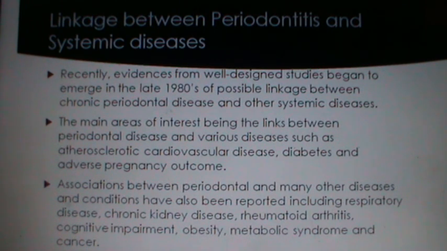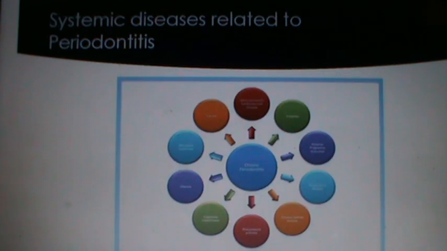So all of these systemic diseases can result from periodontitis, and if you do not take care of periodontal health, this may result in systemic diseases. You can see in this diagram, if periodontitis is present, it may result in many systemic diseases.